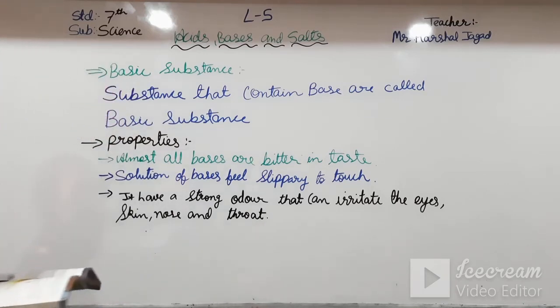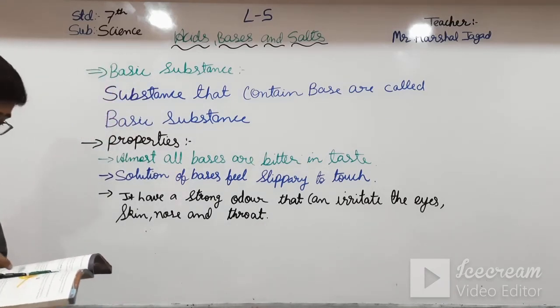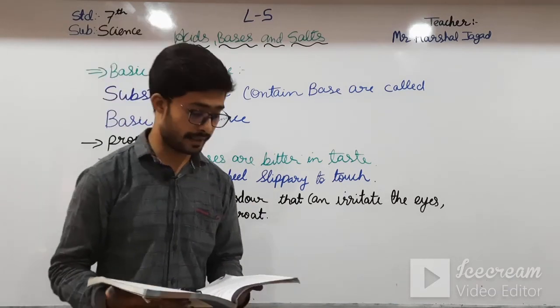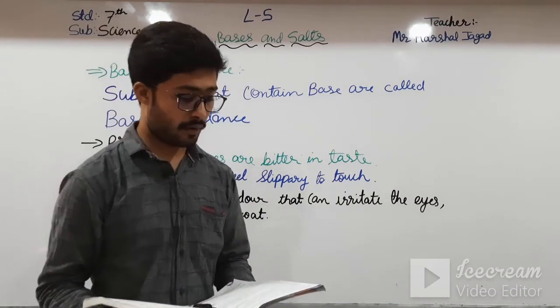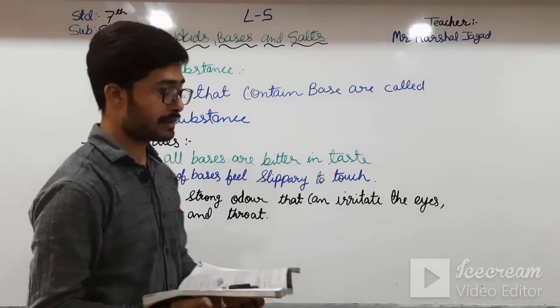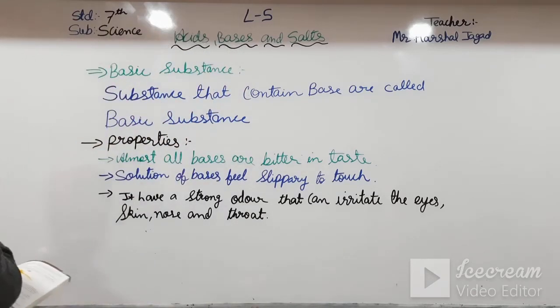So this is our another point, and next let us see another property, that is bases can also be highly reactive and therefore corrosive. So bases are also corrosive. Okay students, writing that point on the board.